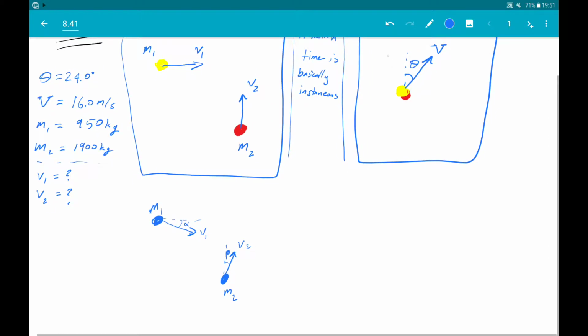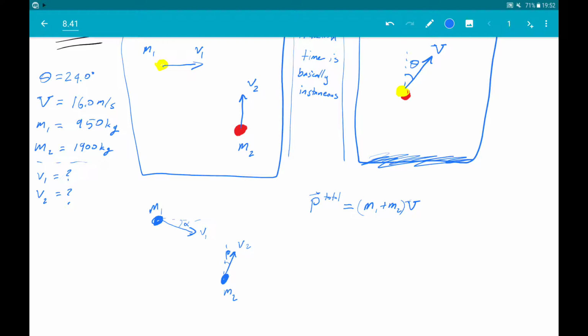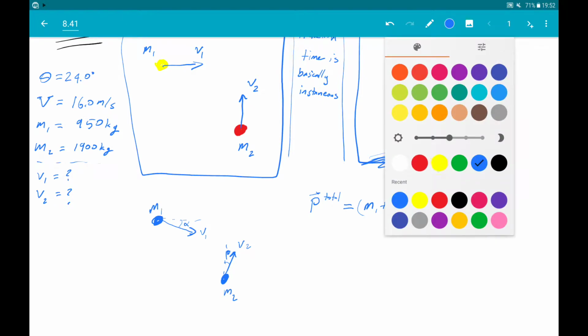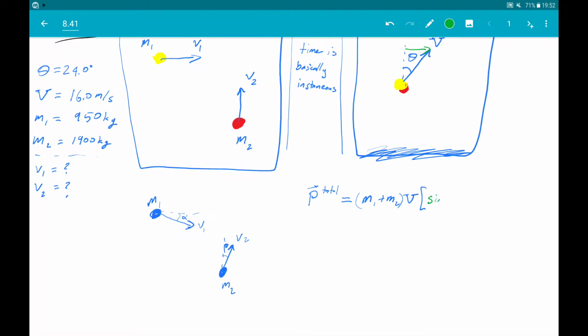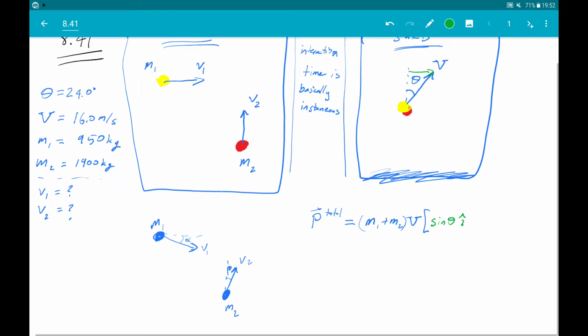All you can tell from what you're given in state B is that the total momentum for the two vehicle system is m1 plus m2 times the magnitude of the velocity times sine of theta to give you the x component, and cosine of theta to give you the y component.